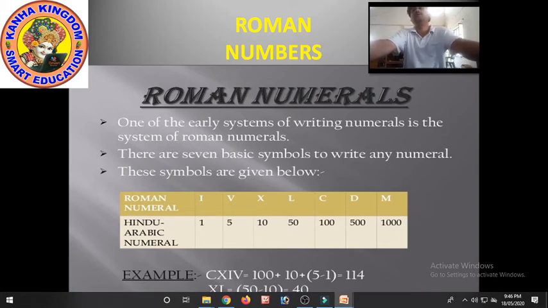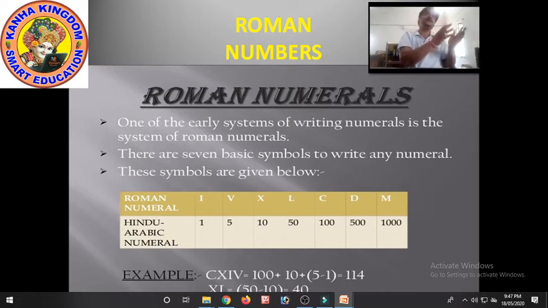Now 50: we can write 50 in Roman numerals as L. L equals 50. Now move to 100.